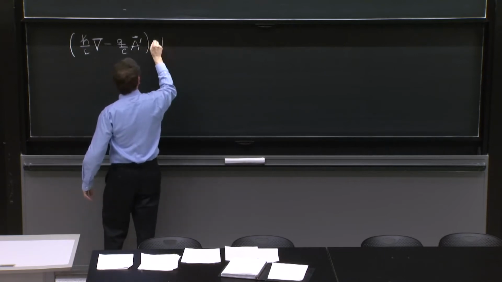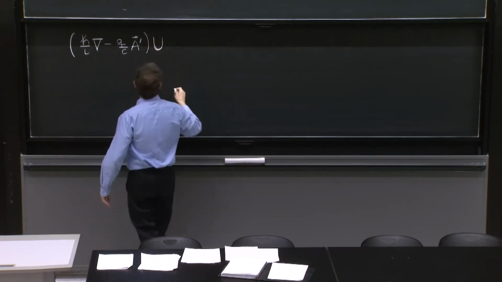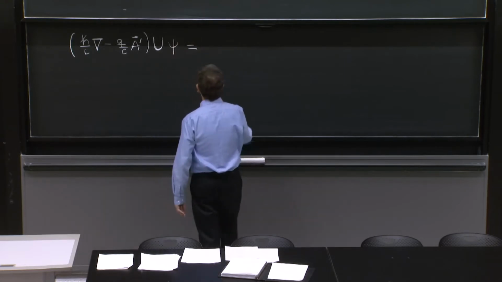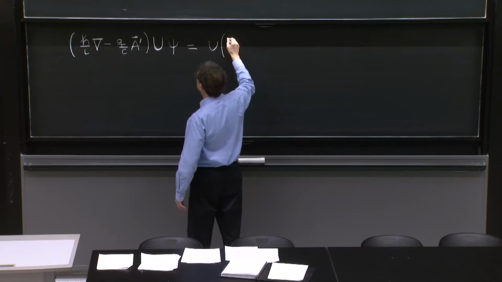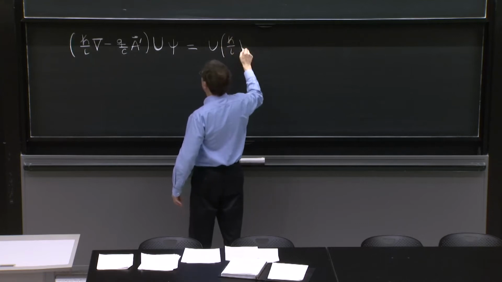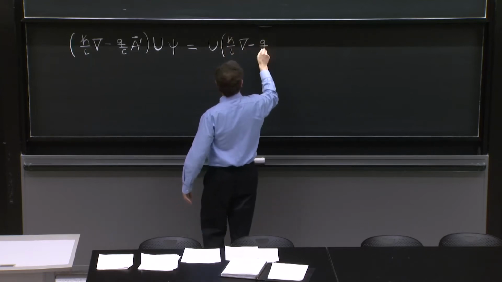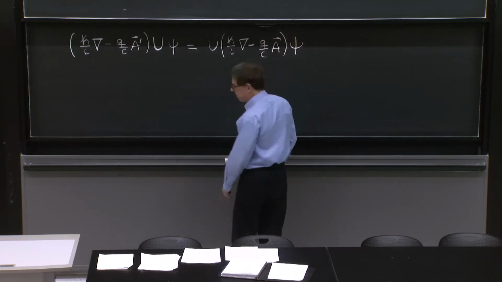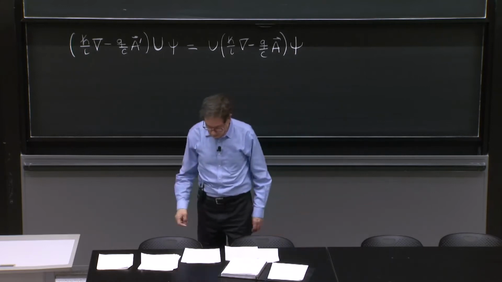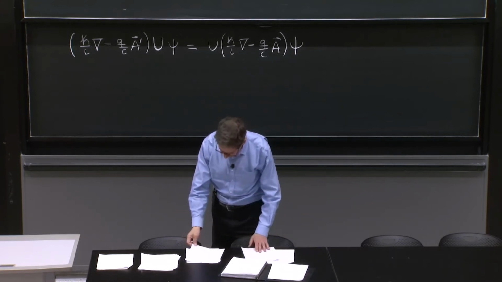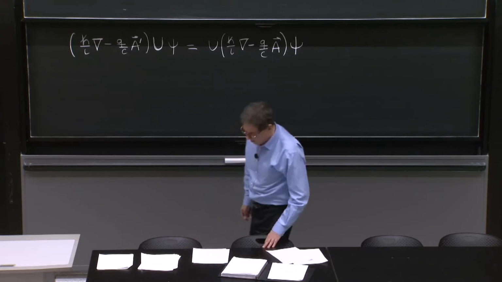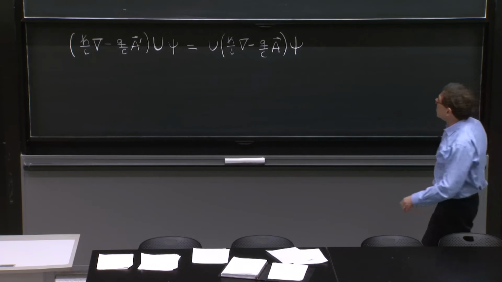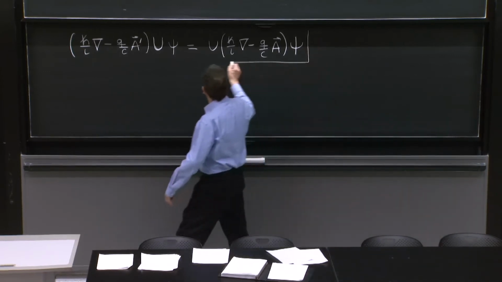times u, and you could put a psi here if you wished, is in fact equal to u times h bar over i gradient minus q over c A, psi. So I call this a very remarkable identity.